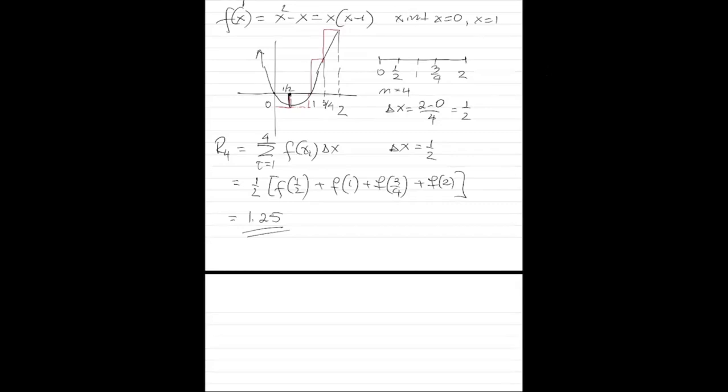All right, another example. Express the limit of sigma sine xi delta x, i is from 1 to n, and n goes to infinity, as a definite integral on the interval from 0 to pi, and then evaluate.